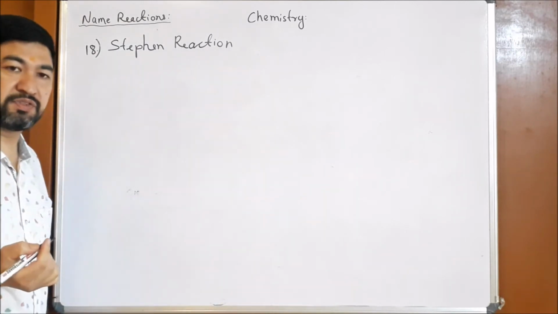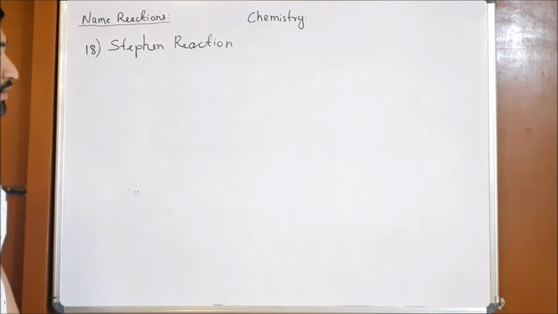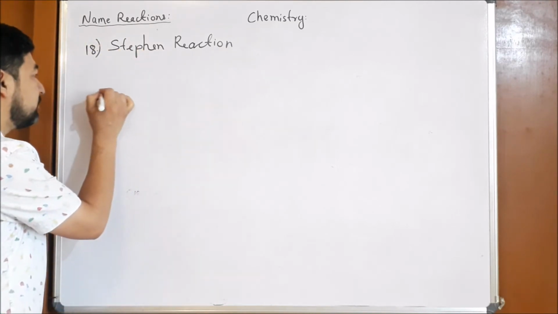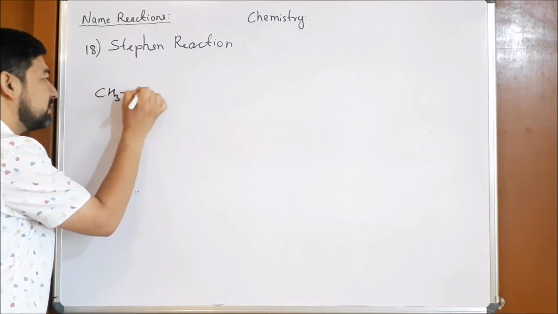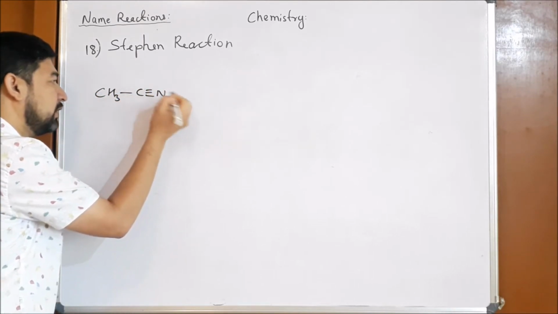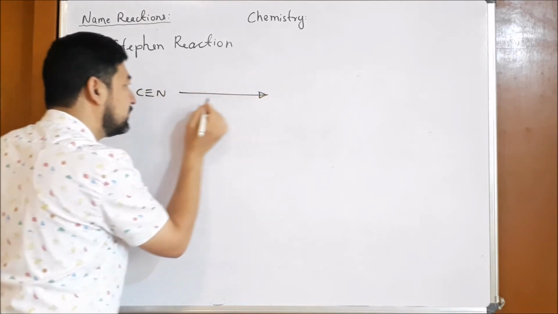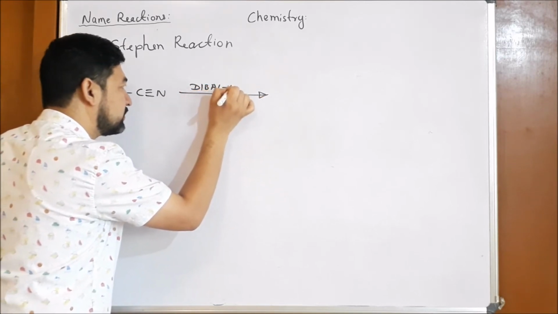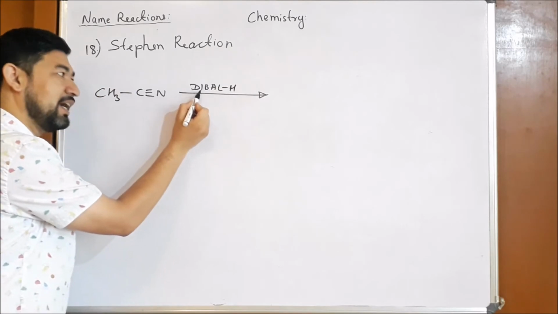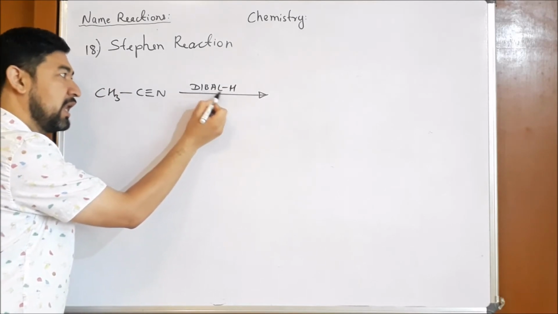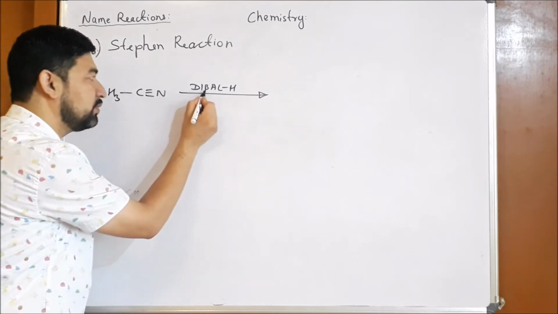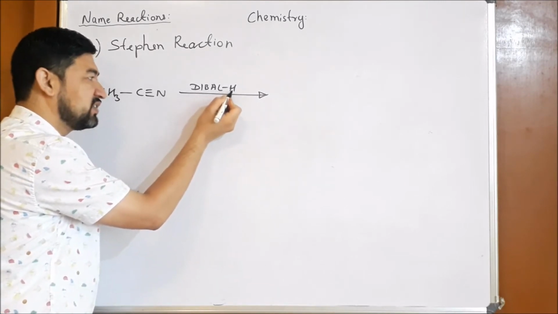This is not the Stephen reaction, but it is one of the conversions, same as the Stephen reaction. So here, if we have this CH3CH2CN, and it is treated with DIBAL-H, diisobutyl aluminum hydride.